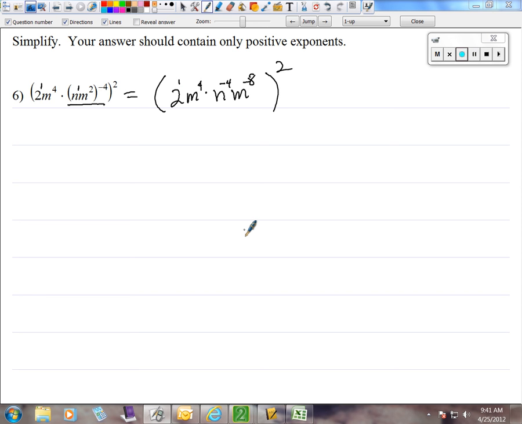Now what are we supposed to do with that squared outside? Multiply times every what? Exponent on the inside. So you would have 2 squared m to the 8th, n to the negative 8, m to the negative 16th.